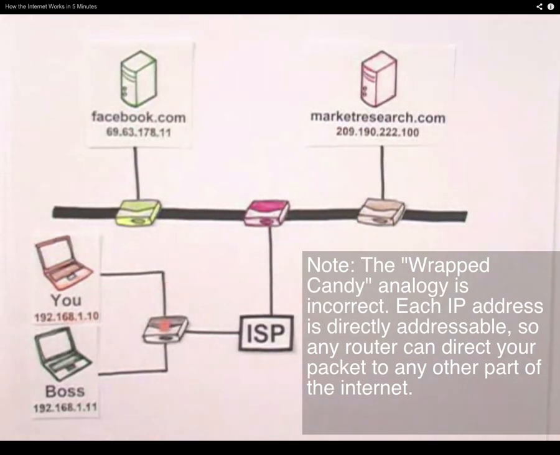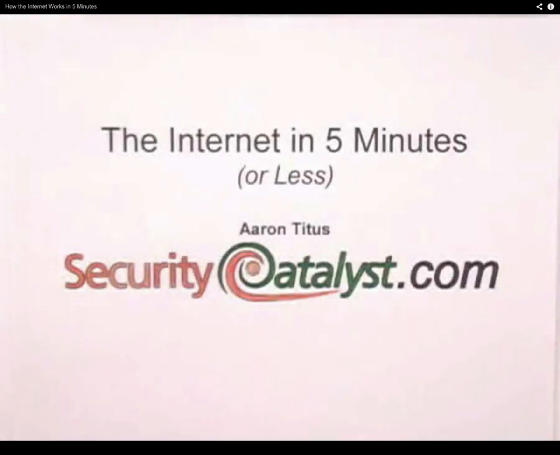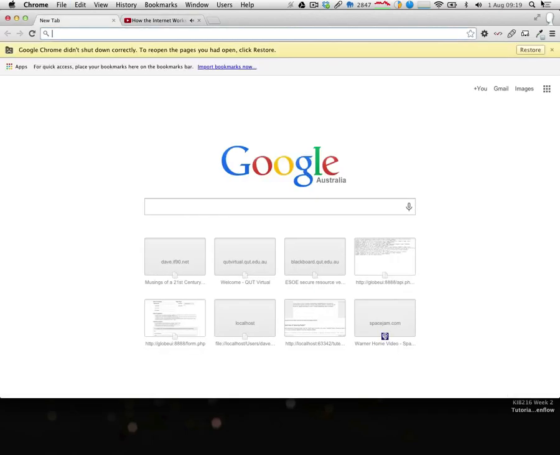Your computer sends the packet to the first router, which adds its own IP address. Each time the packet reaches a new router, another layer is added until it reaches the server. Then, when the server sends back information, it creates packets with an identical wrapping. As the packet makes its way over the internet back to your computer, each router unwraps a layer to discover where to send the packet next until it reaches your computer and not your boss's. And that's how the internet works, in 5 minutes or less.